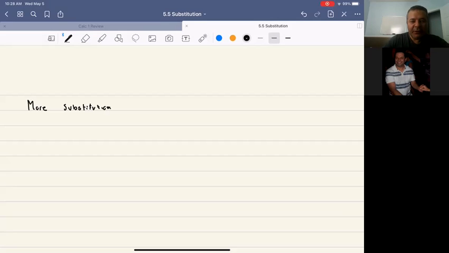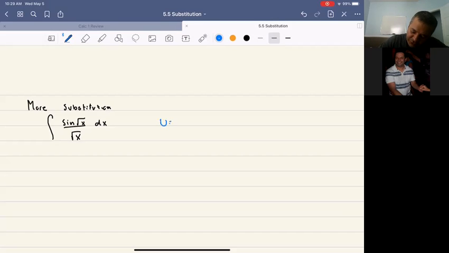Start with the integral of sine square root of x over square root of x dx. This one's a little tricky, but once you know the substitution, it's not so bad.